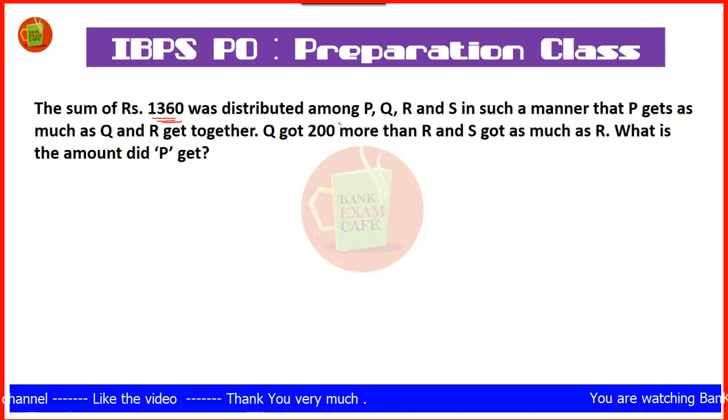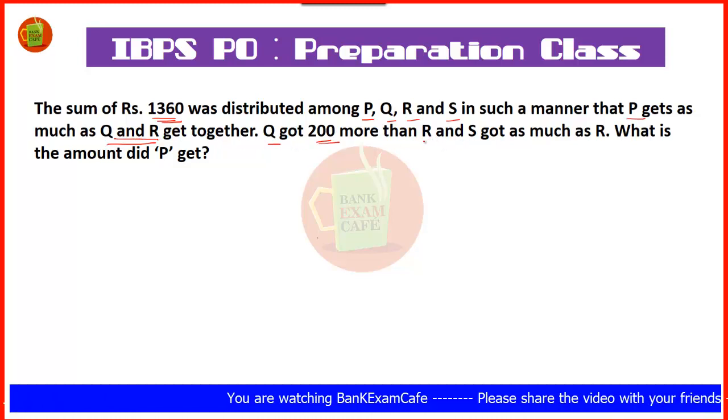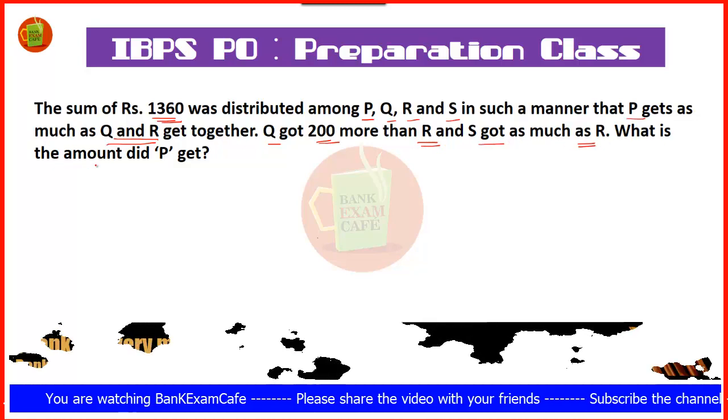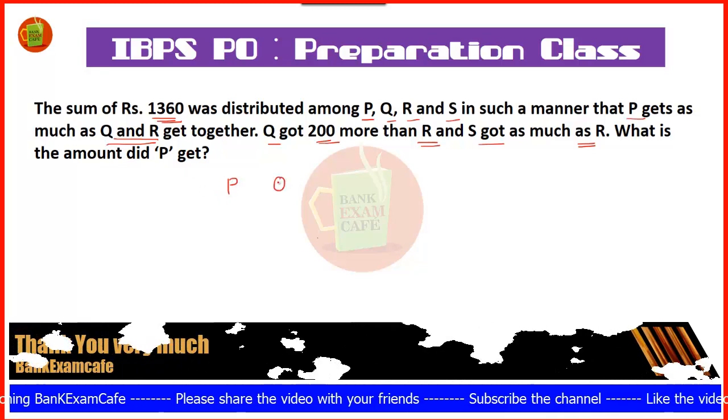Here is the another question. The sum of rupees 1,360 was divided among P, Q, R and S in such a manner that P gets as much as Q and R, and Q got 200 more than R and S got as much as R. What is the amount did P get?